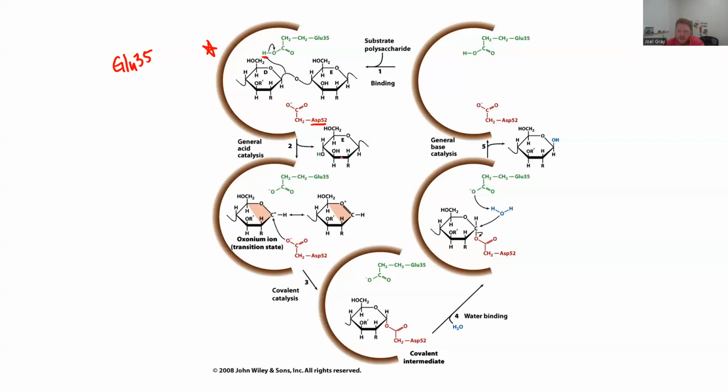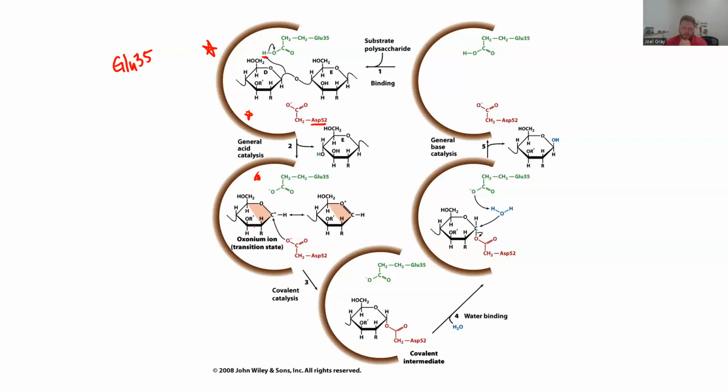Whenever glutamic acid 35 donates a proton in this first step, moving from cell number 1 to cell number 2, aspartate 52 doesn't do anything. Instead, it just observes that the covalent beta-1,4 glycosidic linkage is broken.